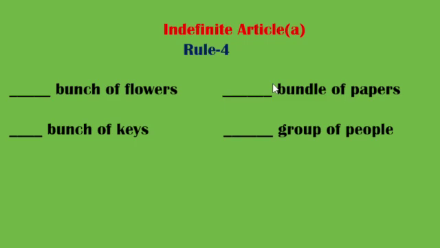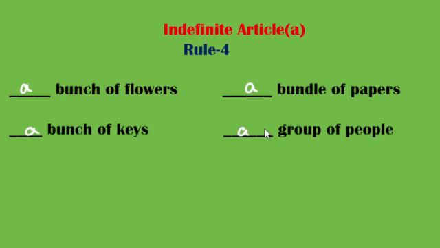Definitely we have to use indefinite article a before them. So it is a bunch of flowers, a bundle of papers, a bunch of keys, and in the same way a group of people.